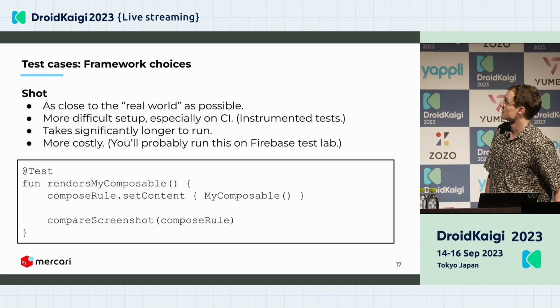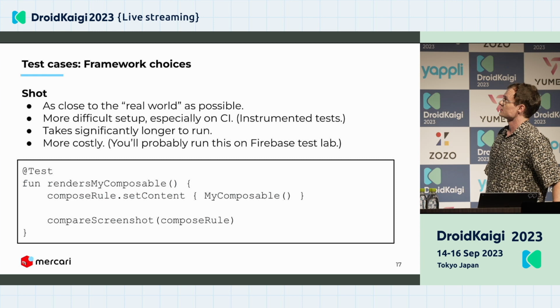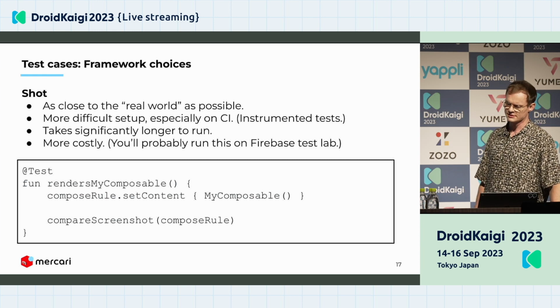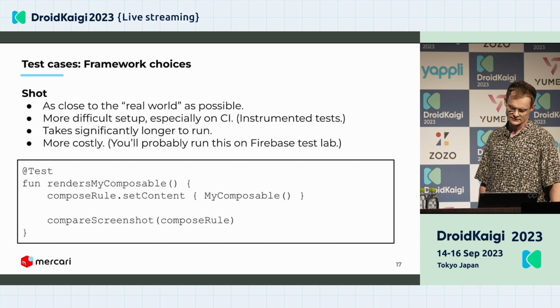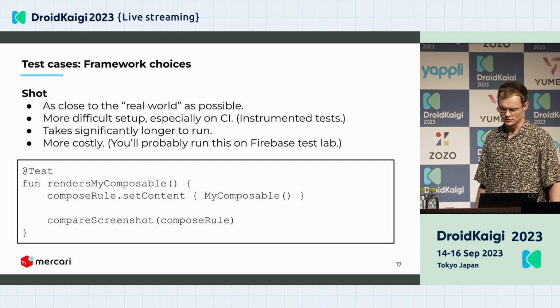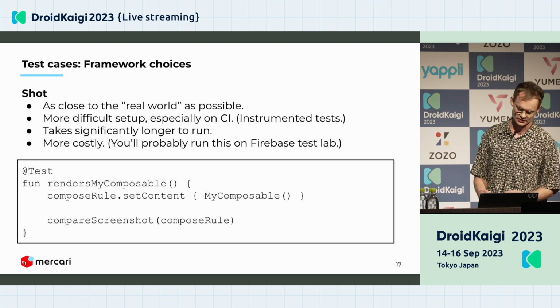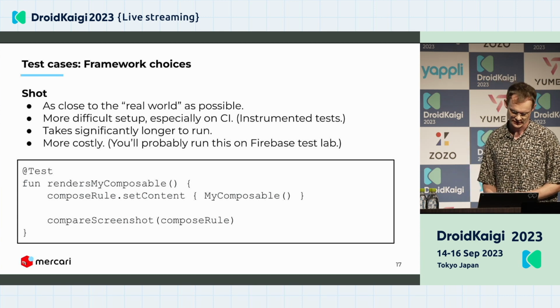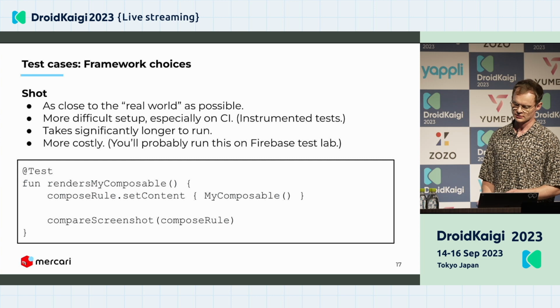On the other hand, we have Shot, which runs on a device and emulator. So the rendering is as close to reality as possible. But on the other hand, these are more difficult to set up and more costly. Aside from your normal CI/CD runner, you need a device farm where you run all these tests. And more importantly, these test cases also take longer to run.